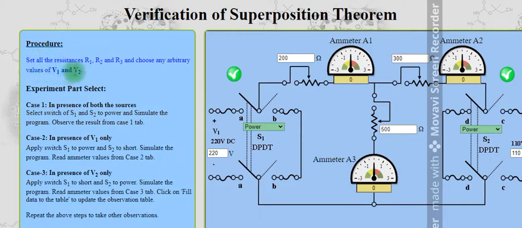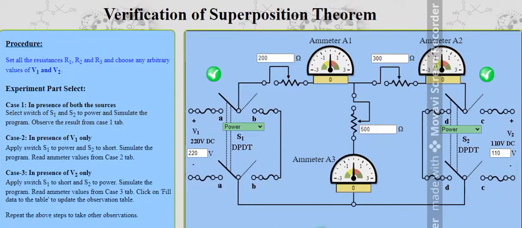Set all the resistances R1, R2, R3, and choose any arbitrary values of V1 and V2. So you can see in this particular diagram, this is a resistance, and this is the second resistance, and this is the third resistance, which are connected in the circuit.